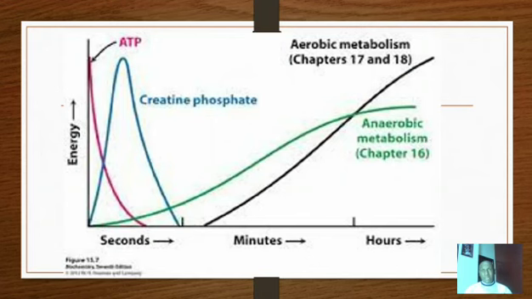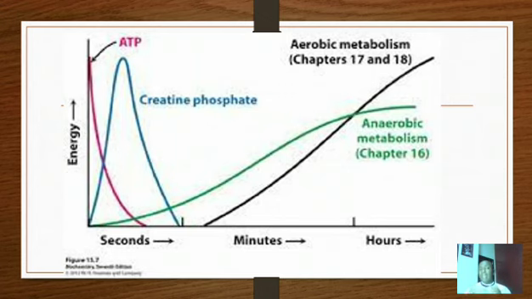Moving on, when we look at the supply of energy, the blue curve is for creatine phosphate, shows us the yield of energy from creatine phosphate. Creatine phosphate liberates much energy. There is a rapid release of energy within seconds, within a very short period of time, after which it rapidly drops. Why?